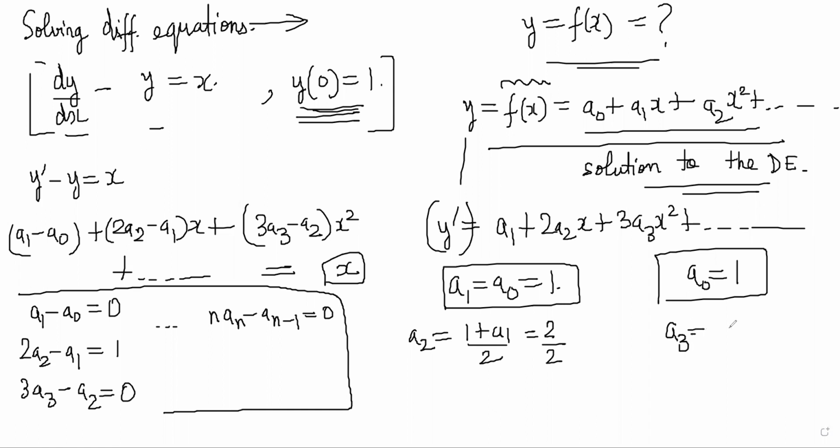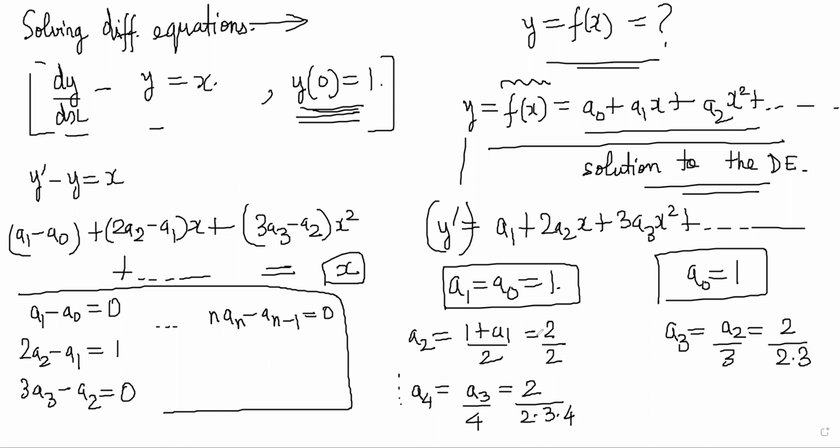And a3 is equal to a2 by 3. So it is going to be 2 by 2 into 3, right? And similarly, a4 will be equal to a3 by 4, right? So that will be 2 by 2 into 3 into 4, right?